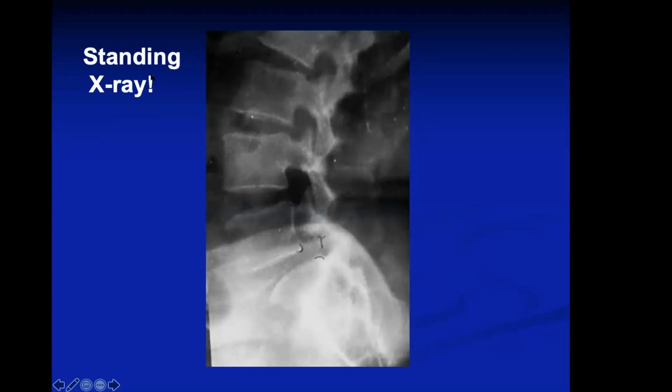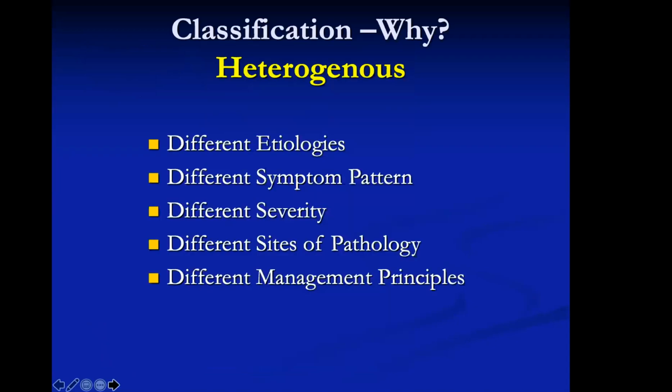So the first thing you should do is a standing X-ray. Sometimes when you do a lying down X-ray, in extension this reduces, right? Just like when you see a patient with osteoarthritis of a knee, where you ask for an AP standing load bearing X-ray, here also you should ask for a load bearing, that is a standing, X-ray.